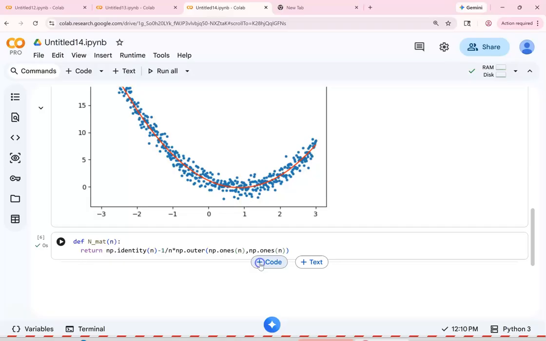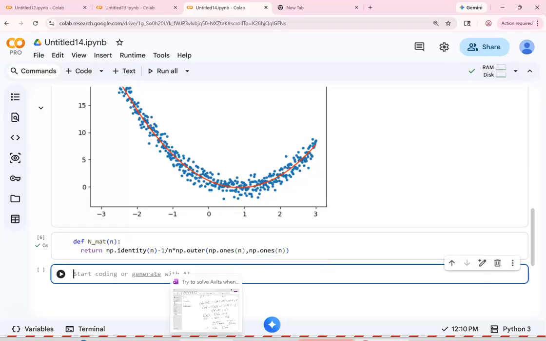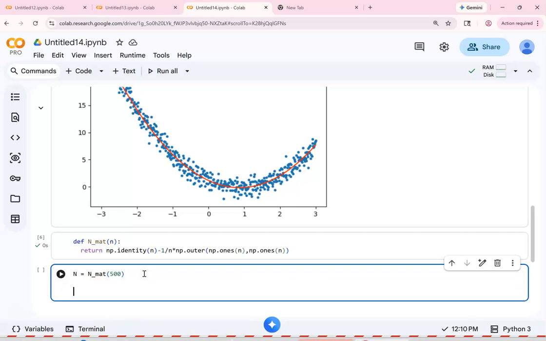We want the r squared value, right? So I'm going to define n to be our n matrix with 500 points. Guess how many points we had, right? Was it 500? We want SSR over SST.